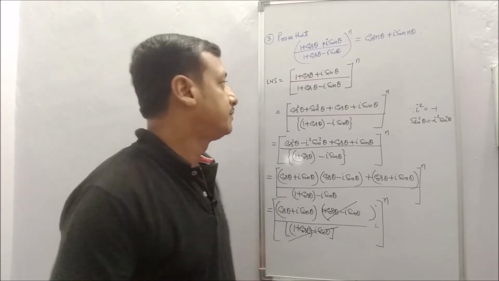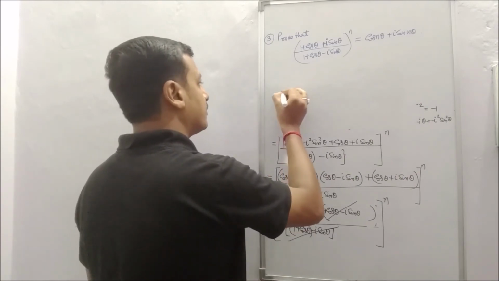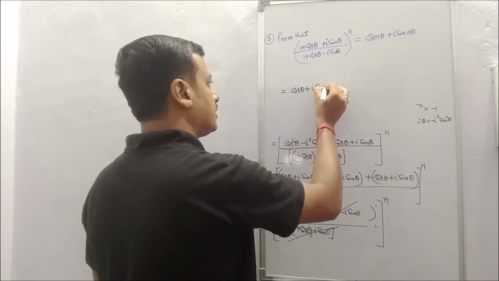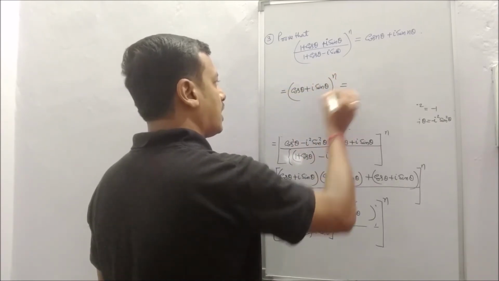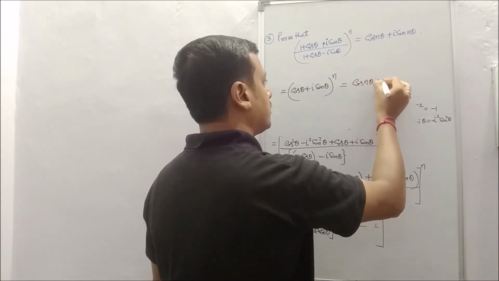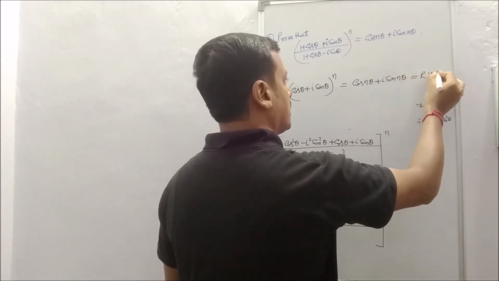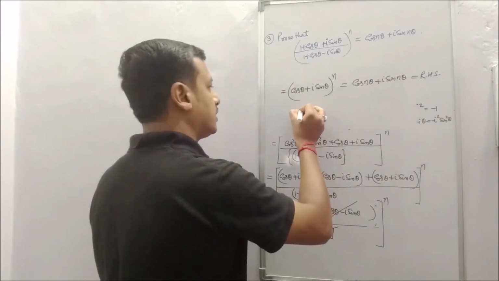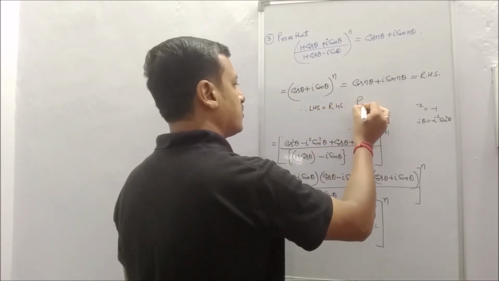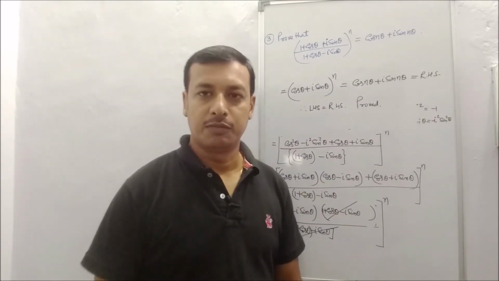So the value is cos theta plus i sin theta to the power n, and by using De Moivre's theorem it is nothing but cos n theta plus i sin n theta, which is equal to RHS. Therefore LHS is equal to RHS, proved.